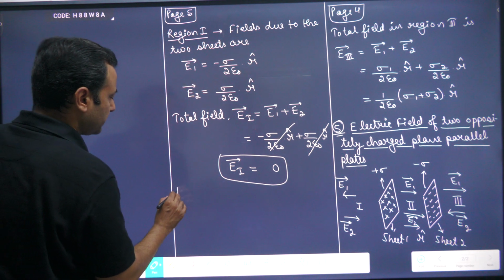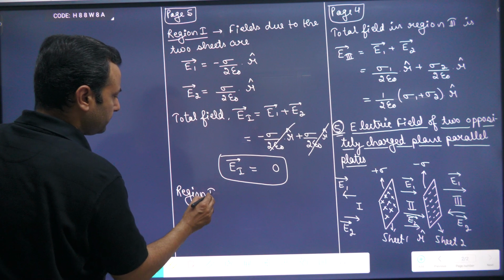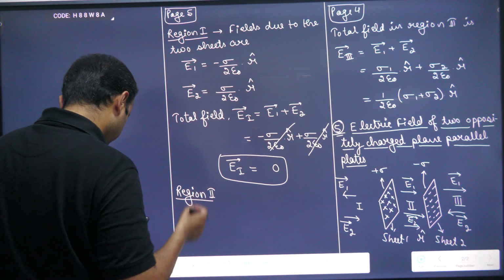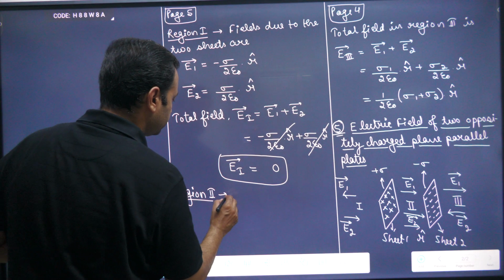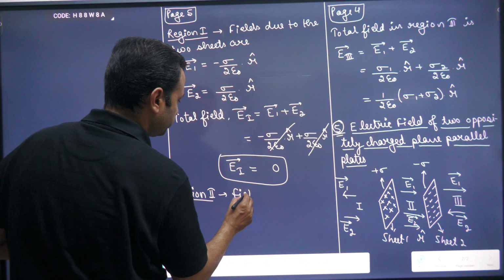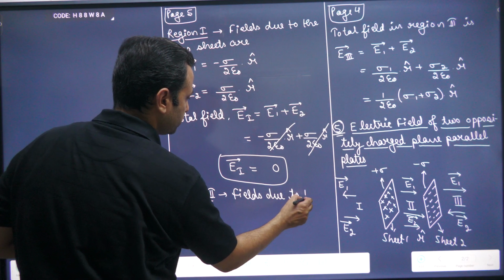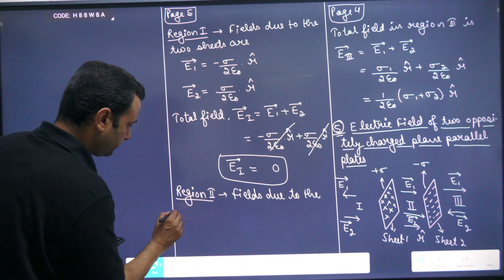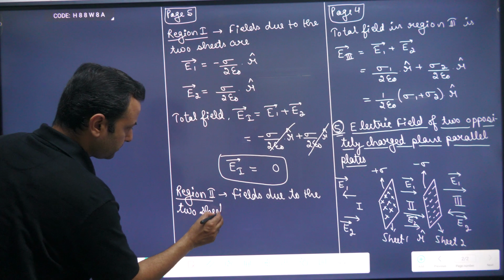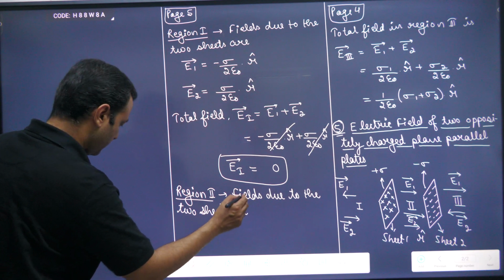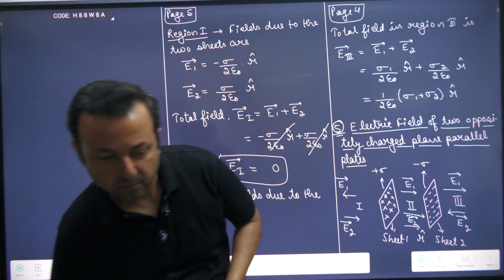Now region second. Region second, fields due to the two sheets are E1 vector and E2 vector.